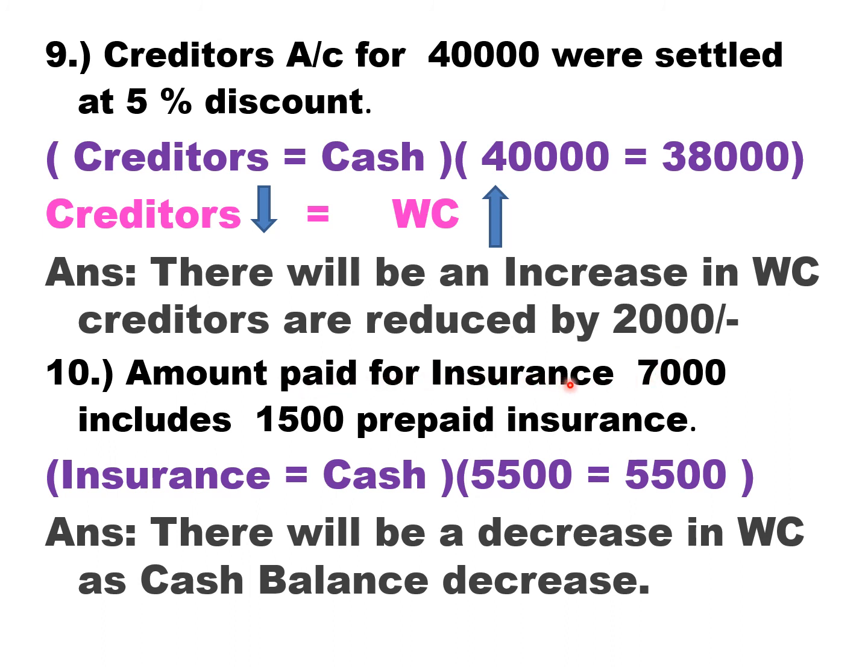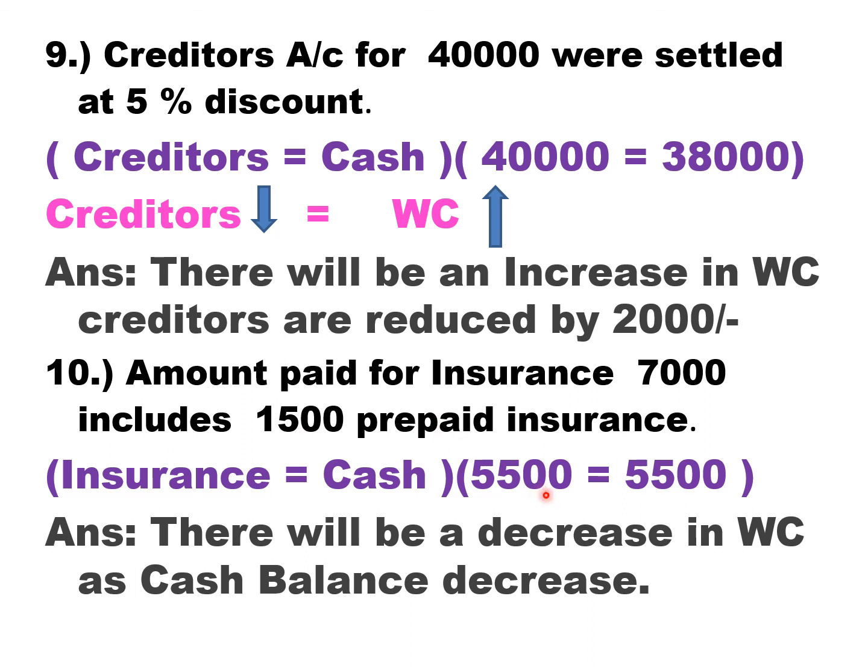Amount paid for insurance 7,000 includes 1,500 prepaid insurance. Students, 7,000 is paid as insurance. What do you pay? Cash. So prepaid is a current asset. Cash is a current asset. So ignore both, because both are current assets.